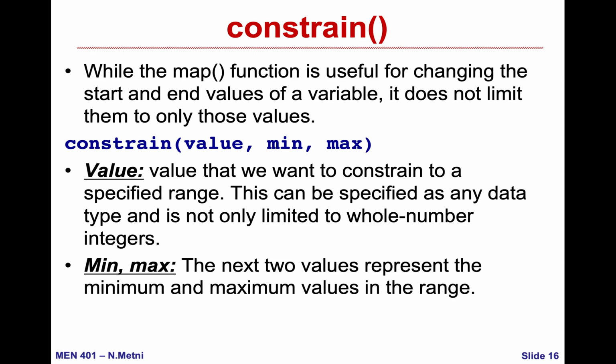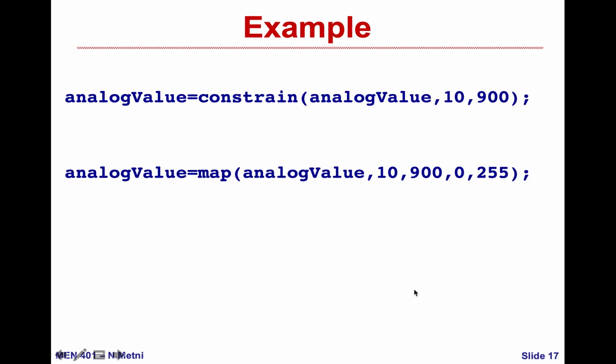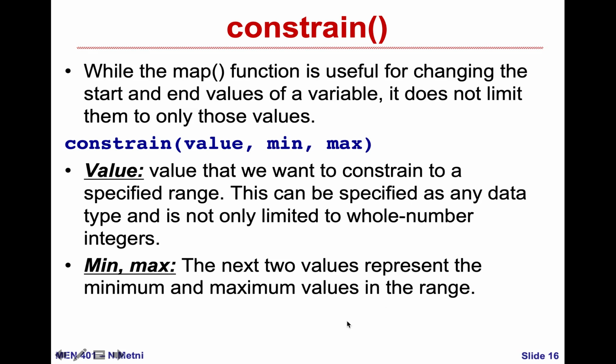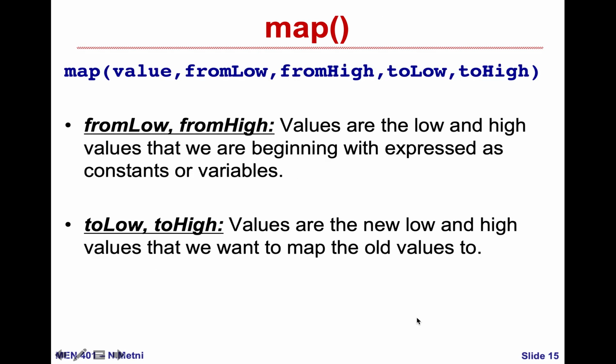Constraint. I can say it is a saturation. Look at what I will be doing here. Consider the previous case: I am saying from 0 to 800, and I am going from 0 to 256. I am sure that it cannot go above 800.